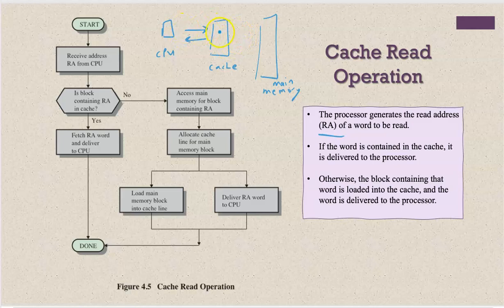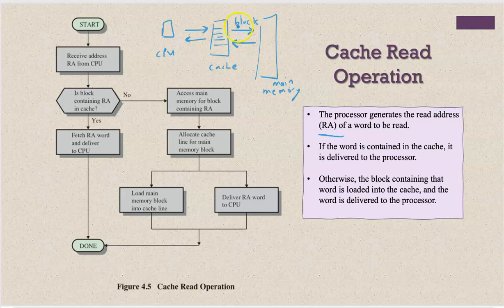If not, the cache looks over the lines that it has and finds it does not have the read address, so it asks the main memory, hey, I don't have the read address that the CPU is asking for, so I want to copy your block. The main memory does not give just the read address, but a block that contains the read address. So the unit of transfer is the block.